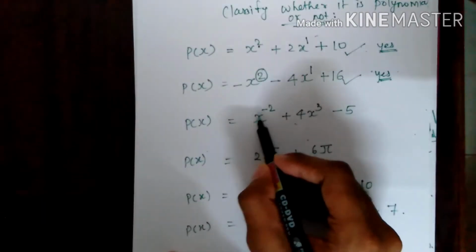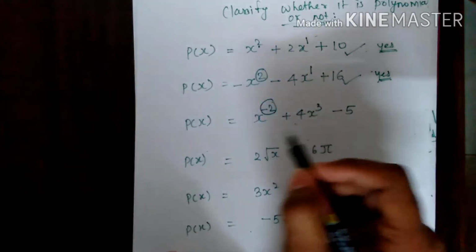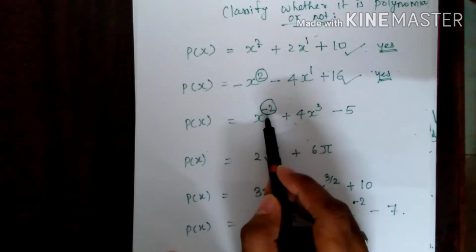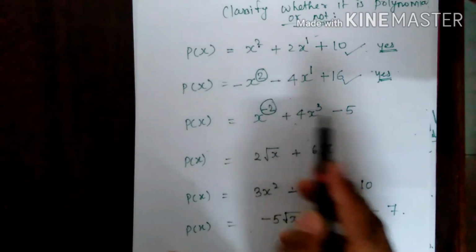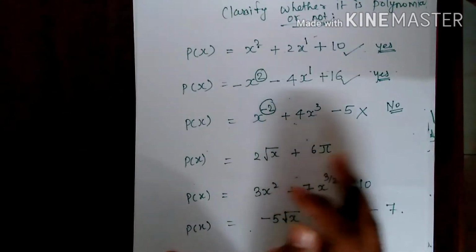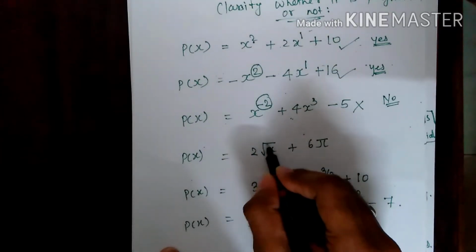Now here, x raised to minus 2. We have noted down the statement that a negative power of variable is not a polynomial. If a variable has a negative power, then it is not a polynomial. So this is no. Again here, 2 root x.